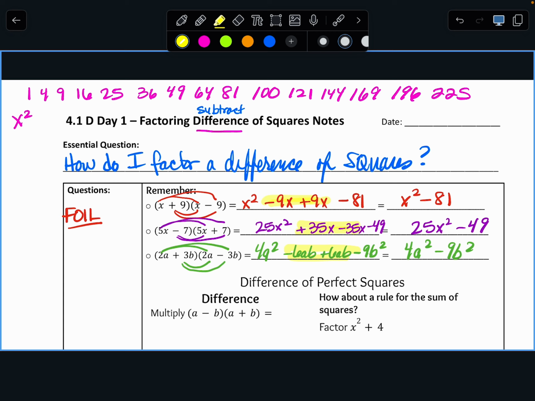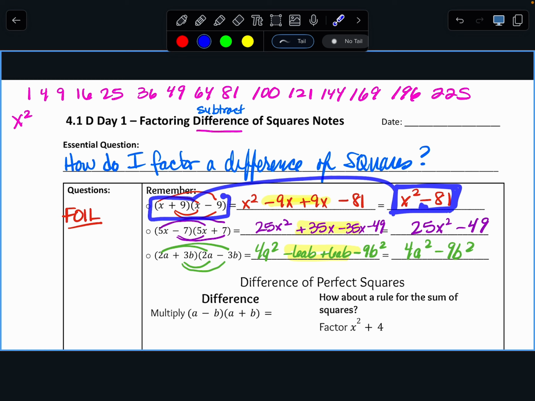So I want you to look at what we finally ended up with. X squared is a square, obviously. 81, that's 9 times 9. And this is the difference. So this is a difference of squares. So I want you to notice, we started with 2 terms, but when I factor it, I get x plus 9, x minus 9, because I need these 2 middle terms to cancel.